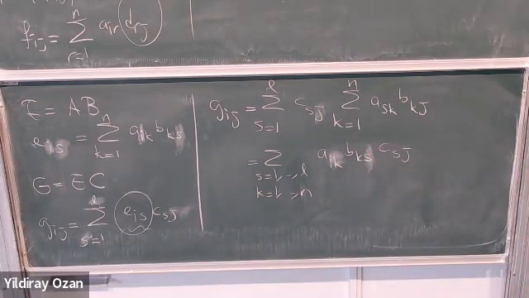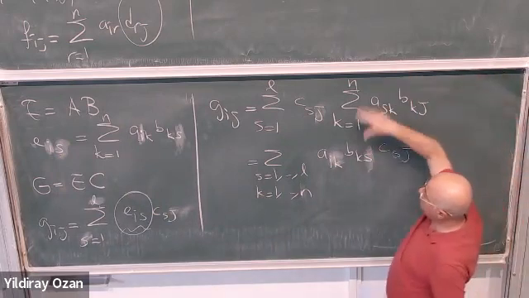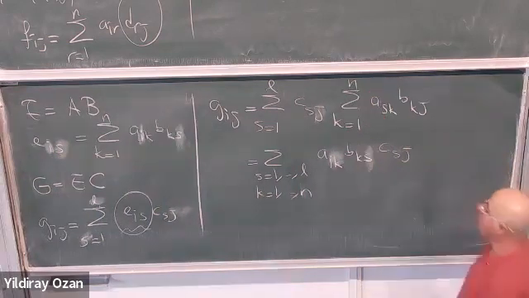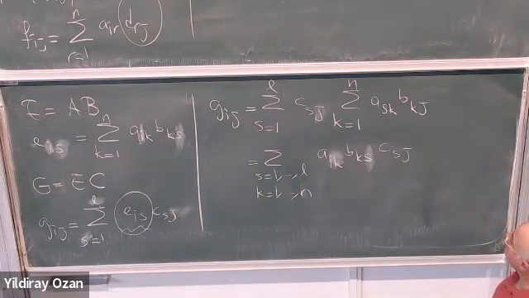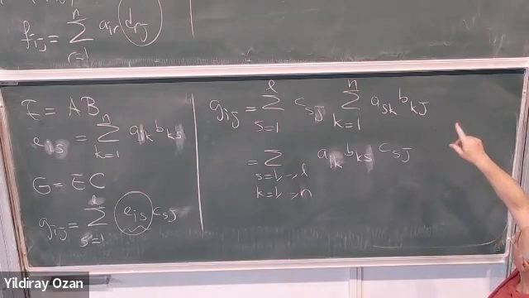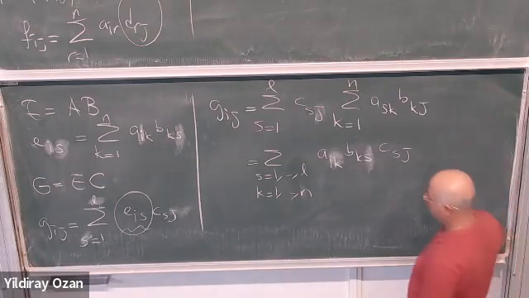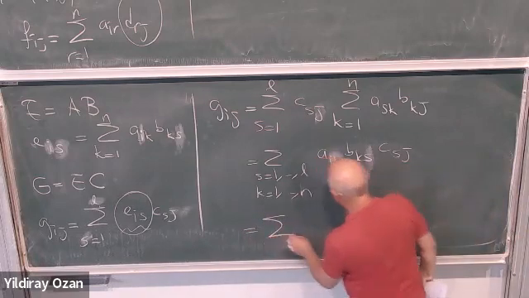Okay. Now we have to check that these two summations are the same. Let's see. Here I have indices I, R, K, R K, and then K J. So what do we need to do then?